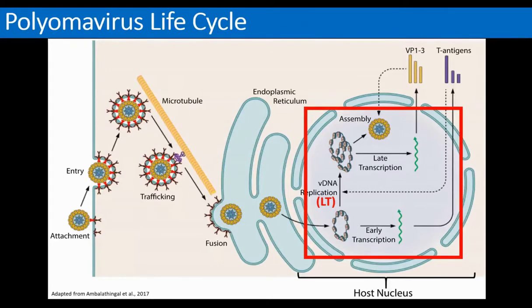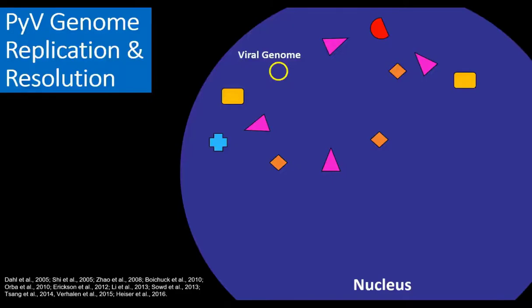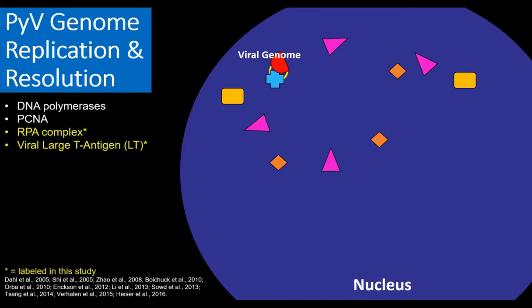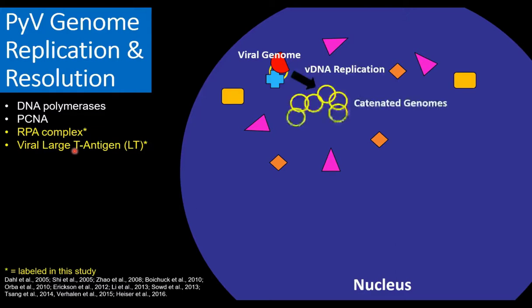So pretty much everything I'm going to show you is taking place in the nucleus. I want to provide a slightly more detailed model of viral DNA replication for you, based on what we know now. As the T antigen proteins are expressed, replication factors mediate the amplification of viral genomes, including cellular proteins like DNA polymerases and PCNA, as well as the viral large T antigen protein, which mediates viral replication and is absolutely required for infection.